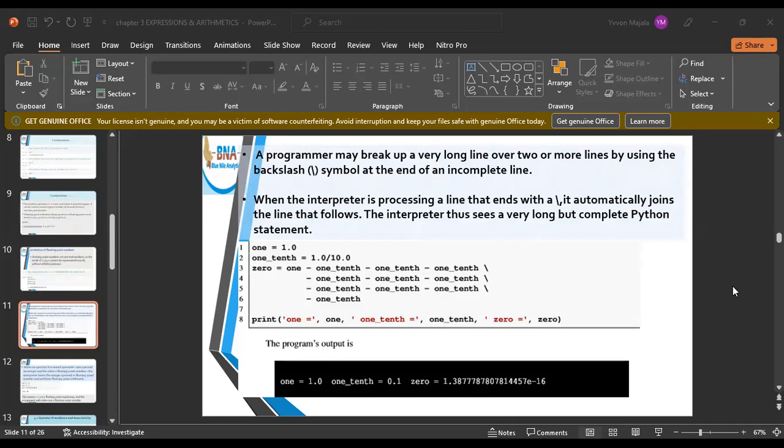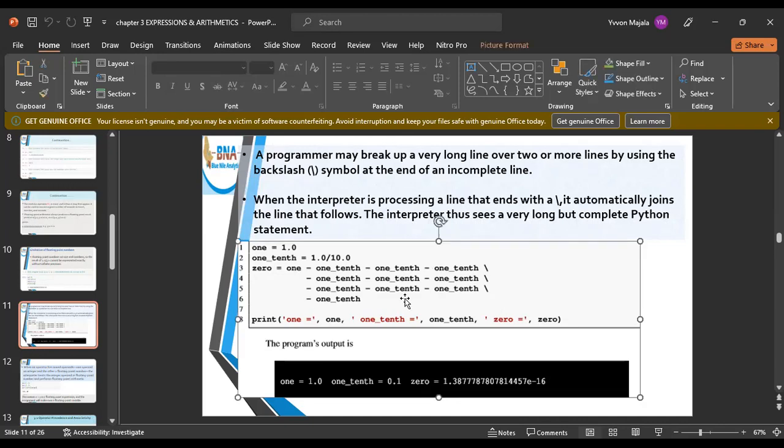A programmer may break up a very long line over 2 or more lines by using the backslash symbol at the end of an incomplete line. When the interpreter is processing a line that ends with a backslash symbol, it automatically joins the line that follows. The interpreter thus sees a very long but complete Python statement.